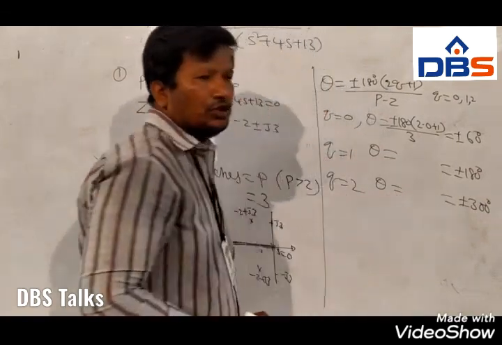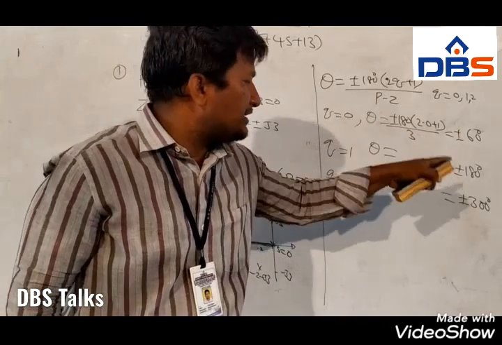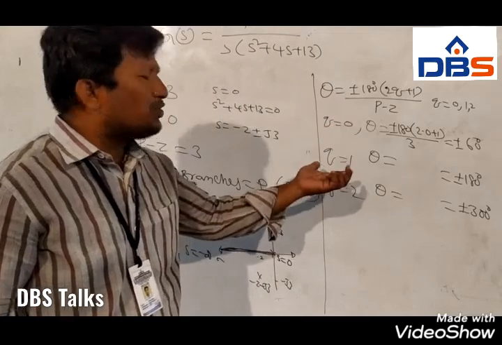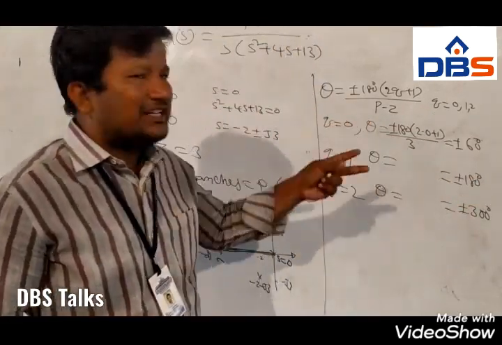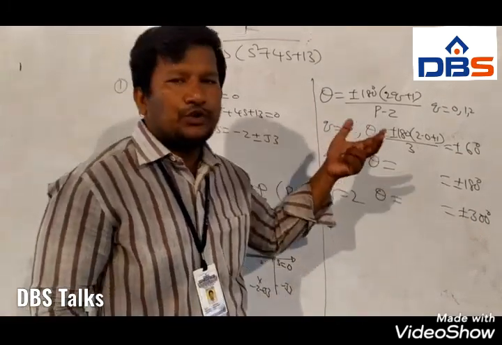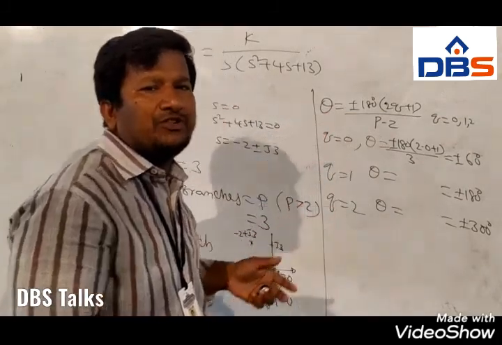So the angles of asymptotes are plus or minus 60 degrees, plus or minus 180 degrees, plus or minus 300 degrees. If p minus z equal to 3, these asymptotes always come. Suppose p minus z equal to 2, then 90 degrees and 270 degrees come. If p minus z is equal to 4, then 45, 135, 225 degrees, like this 4 asymptotes will come.